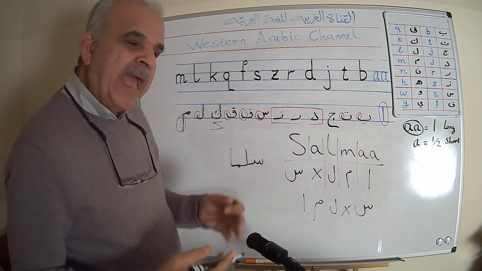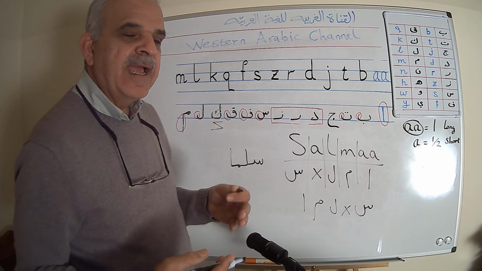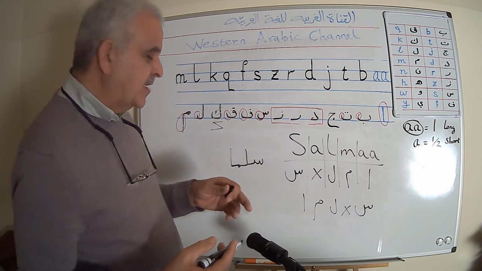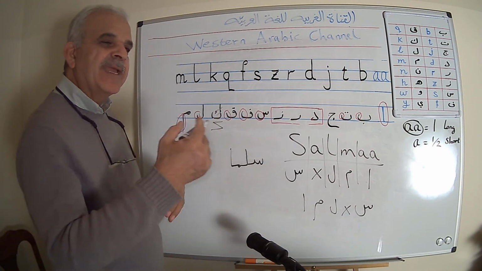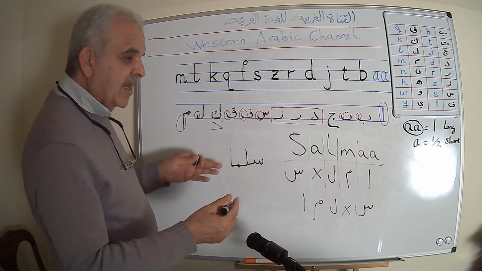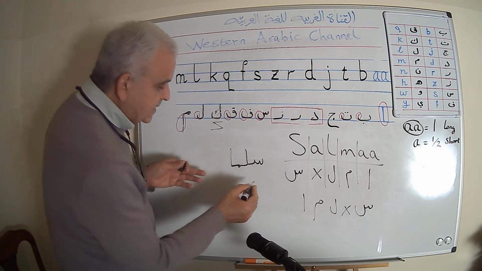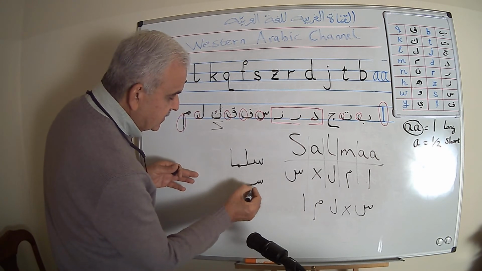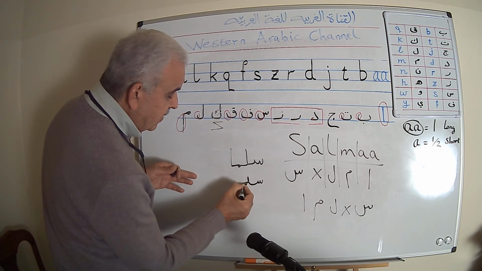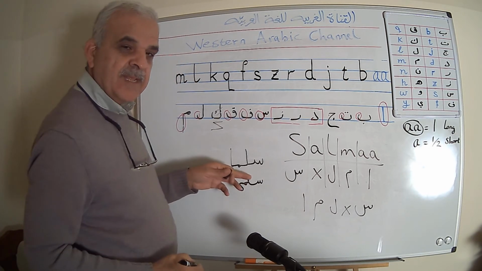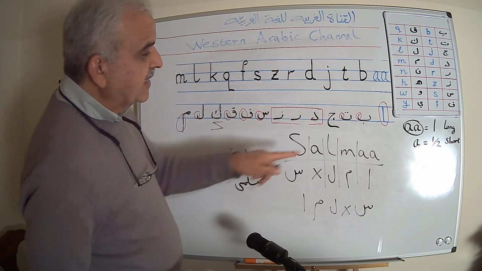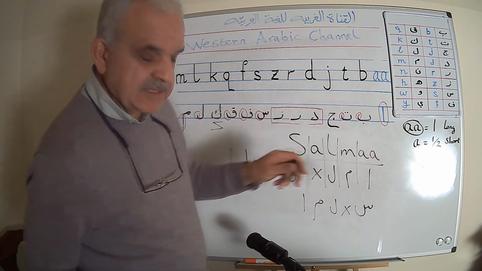And there is a rule which we will learn later on. Any A at the end, either it stays as it is, or sometimes it takes another shape. So for example, in Salma, instead of going up, it goes down. It's like the Ya but without dots.